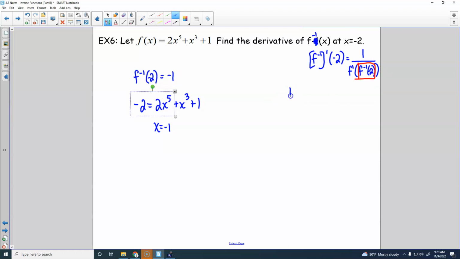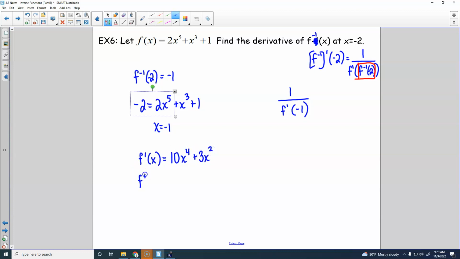So that means I'm now looking for 1 over f prime of -1. Can we find f prime of -1 for this equation? We can pretty easily because it's just a power rule to take a derivative, right? So f prime of x would be 10x to the 4th plus 3x squared.